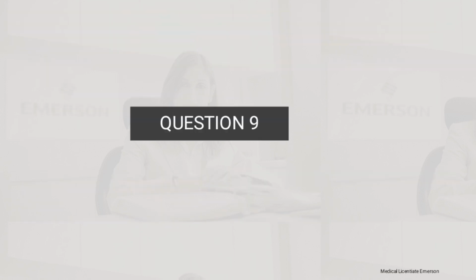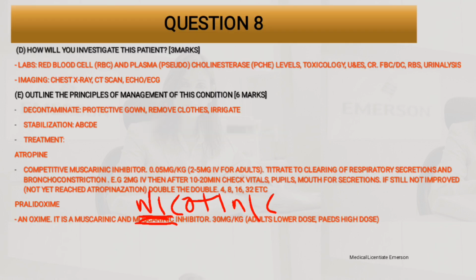Okay. Then question 9. Remember that after you give them atropine, they will need to be put on maintenance atropine. Like I said, if you're giving them a fluid, at least you have to put a maintenance of atropine in that fluid to prevent the patient going back into the effects of OPP.